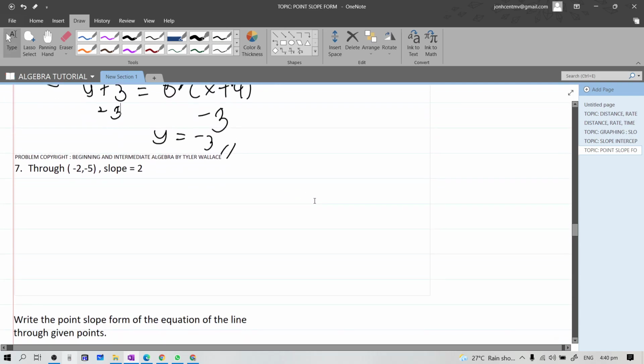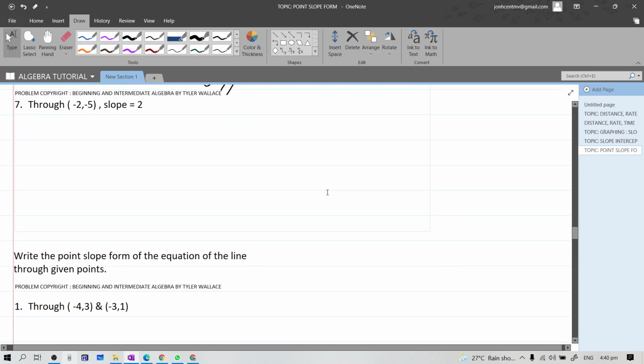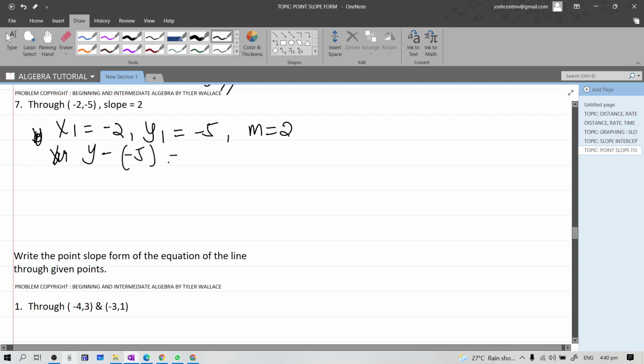Next, for the problem 7, we have the points negative 2 and negative 5, slope of 2. X sub 1 natin is negative 2. Y sub 1 is negative 5. M natin is 2. Then, we have y minus negative 5 is equals to 2 times x minus negative 2.